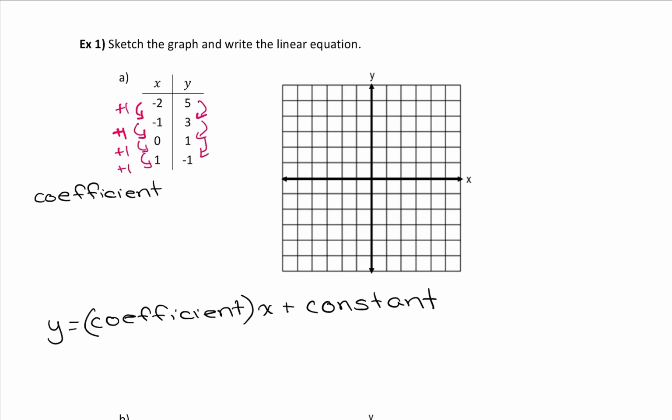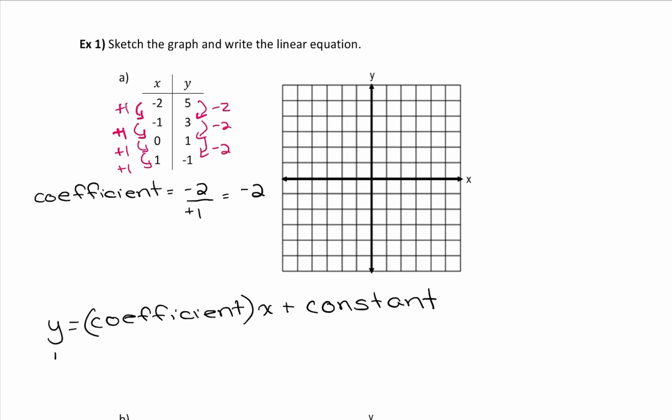Our pattern in y, down by 2, down by 2, down by 2. So the coefficient in this case, take your change in y, which is -2, divided by your change in x, which is +1. So always, what's the change in the second column? Divided by the change in the first column. -2 divided by 1 is -2.